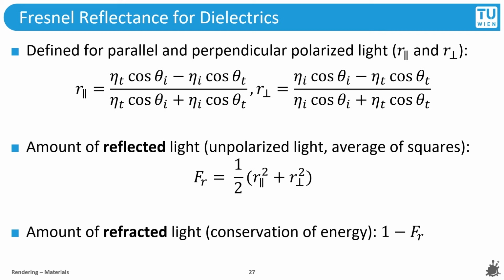In that case, we get the amount of reflected light from the average of the two squared factors for both types of polarized light. The Fresnel reflectance term Fr already tells us the portion of reflected light. And for a dielectric, we assume that all light that is not reflected enters the material and keeps going. So the amount of refracted light is 1 minus Fr.